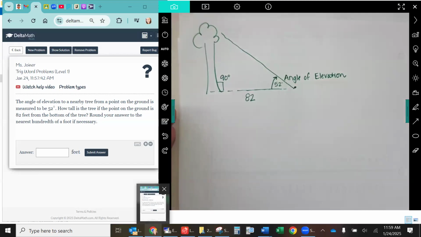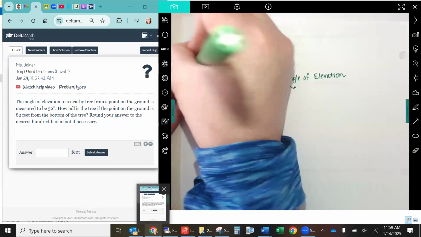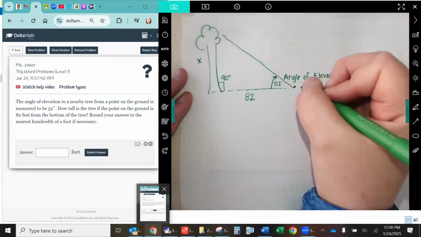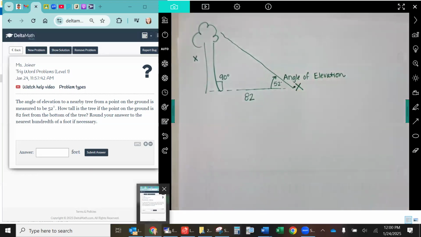We want to know how tall the tree is. So I'm going to call this X, which makes the corner across from it capital X. Because remember, they're always going to be across from their partner.